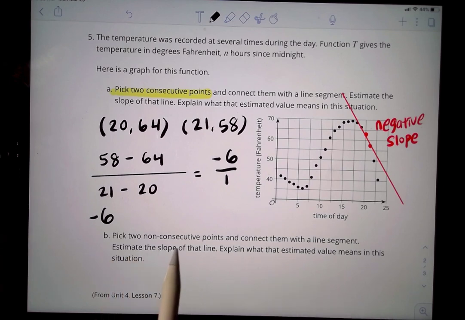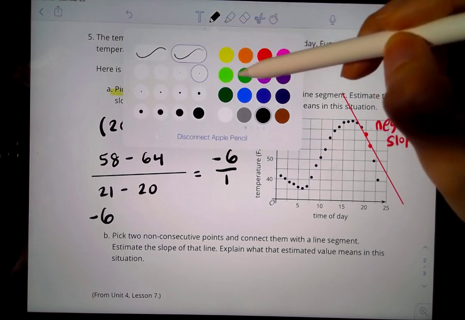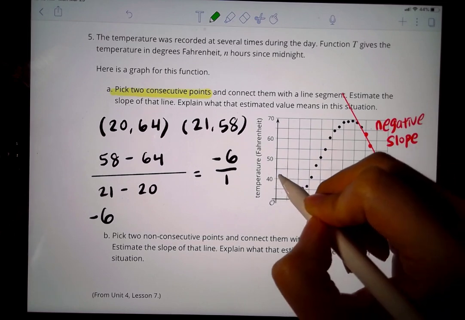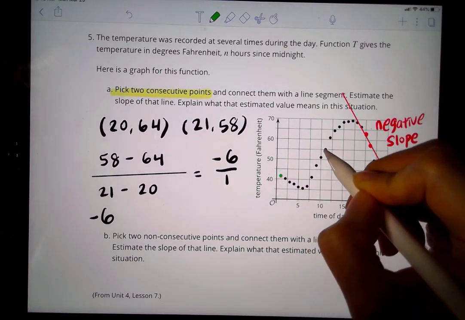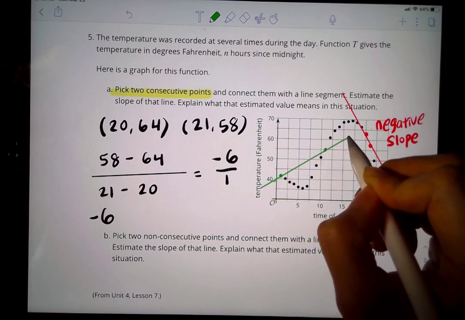And pick 2 non-consecutive points and connect them with the line segment. Estimate the slope of the line. So this one, I'm going to pick another 2. So non-consecutive. So I'm going to pick the first one and this one. So any 2 points, it doesn't matter, guys.